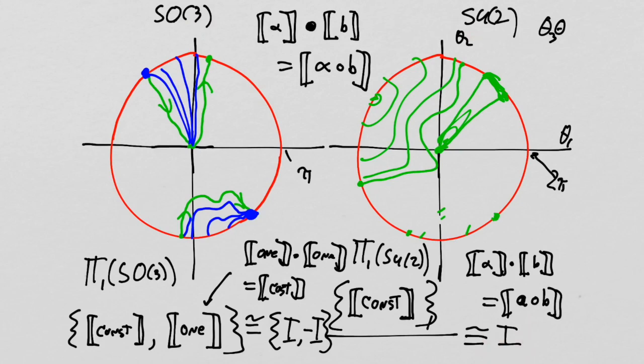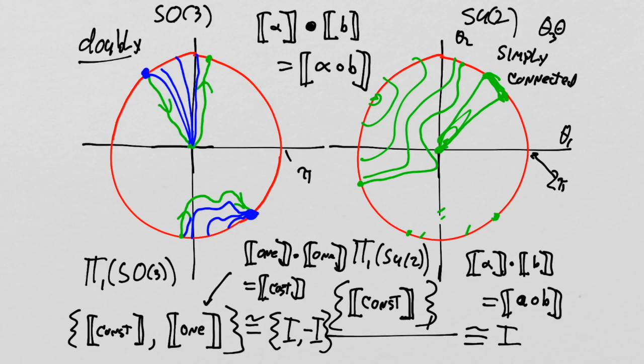When the fundamental group of a topological space is just the identity, that space is called simply connected. When the fundamental group is I and minus I, we call that doubly connected.